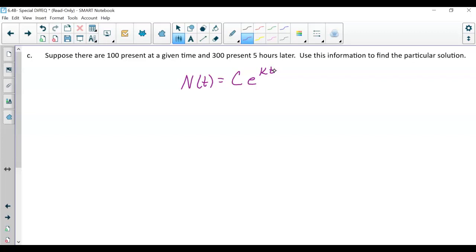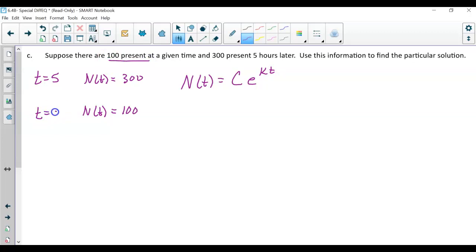Well, that means when t equals 5, n, or n of t, or y equals 300. Well, suppose at some time there's 100 of them. Okay, well, what time is there 100 of them? Well, it doesn't matter when it is. Suppose there's 100 present. When?